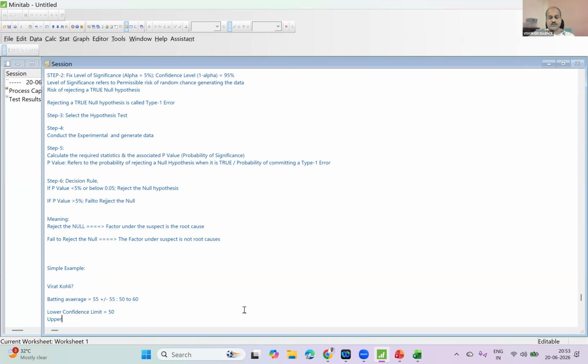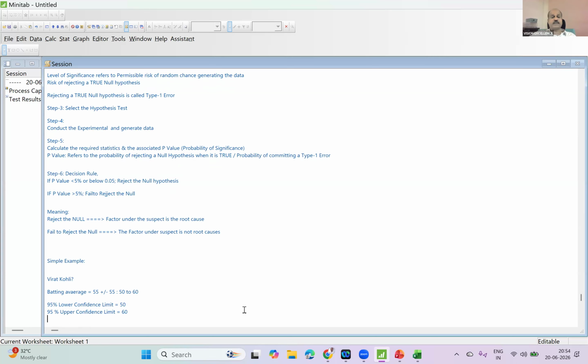The upper limit is called the upper confidence limit, which is 60 in this case. You can also put 95% here so that you know what limit you are talking about. Now that means Kohli is expected to maintain his batting average between 50 and 60.